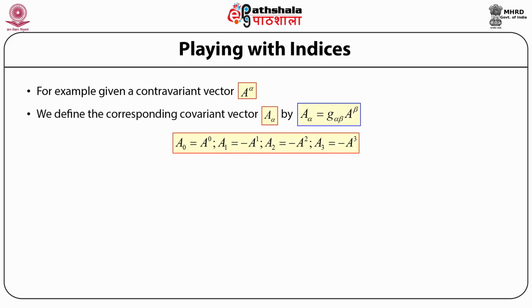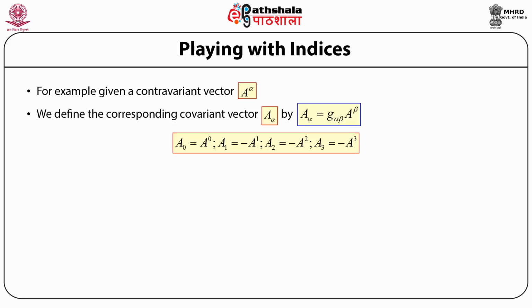We can define a corresponding covariant vector A_α by using the transformation A_α equals g_αβ A^β. So here the metric tensor g_αβ does the transformation of lowering the contravariant vector to the covariant vector.